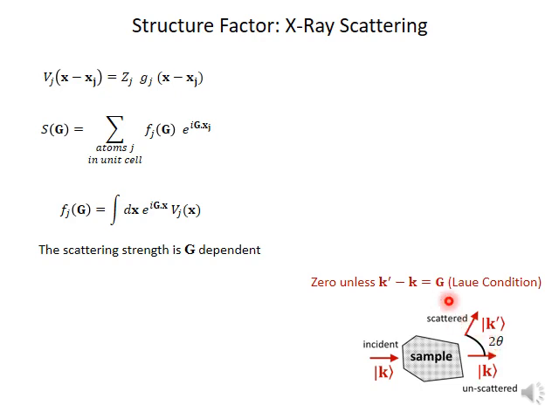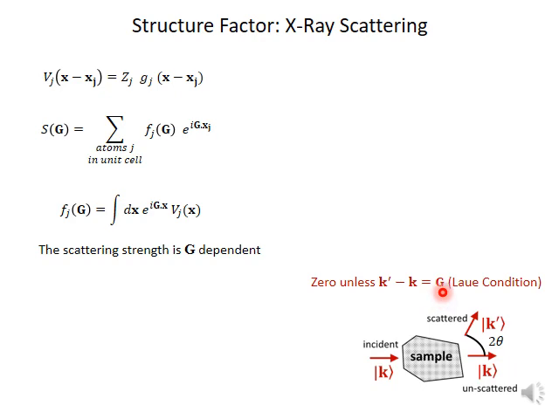You might have K prime direction, maybe in this direction, for which 2 theta would be larger, and for that G would be a vector larger in magnitude. Or you can have a K prime which is very close to the incident K, and in that case K prime minus K would give you a small G vector. So the larger the deviation angle, the larger is the G.